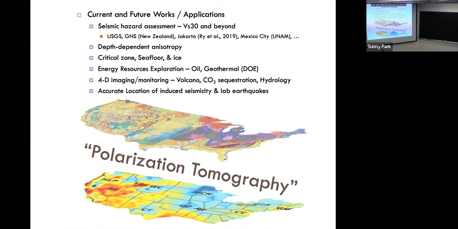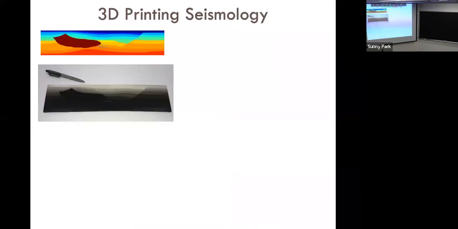And for the last minute, I will show something I'm excited about quite recently, which is using 3D printing for seismology. The color here is the velocity model, or you can think of it as geological structure, and we are printing this with a 3D printer.